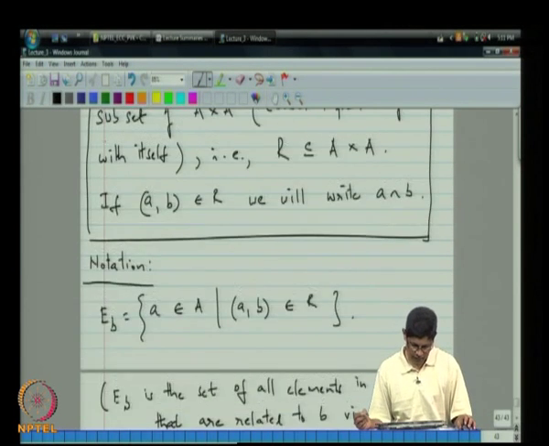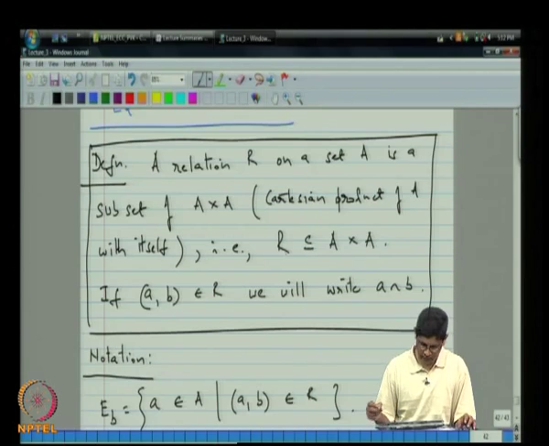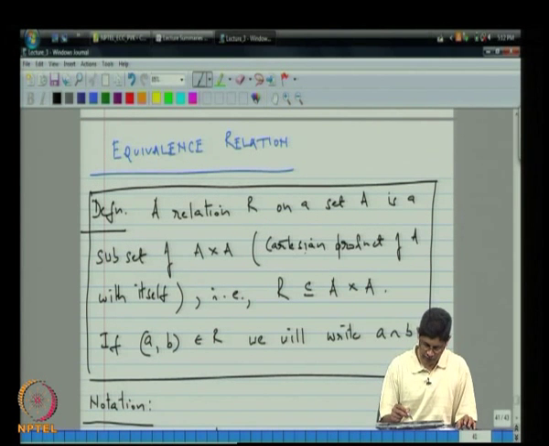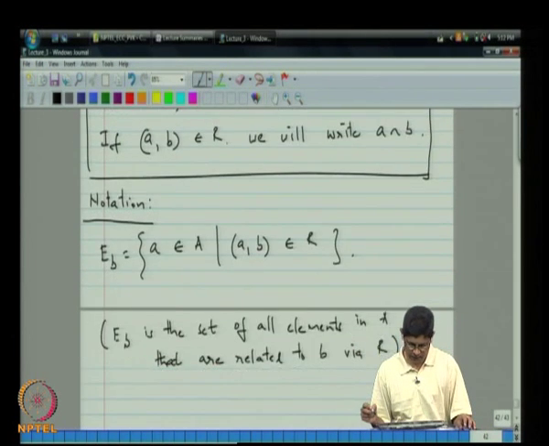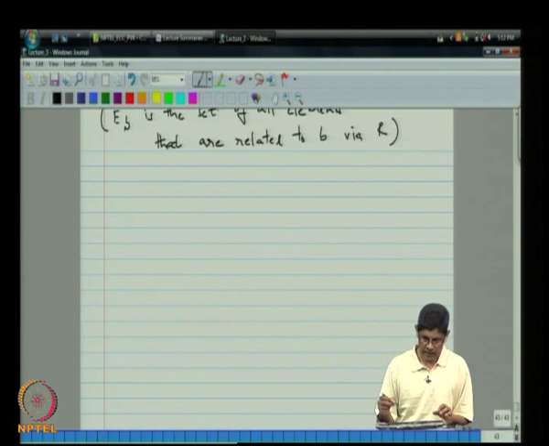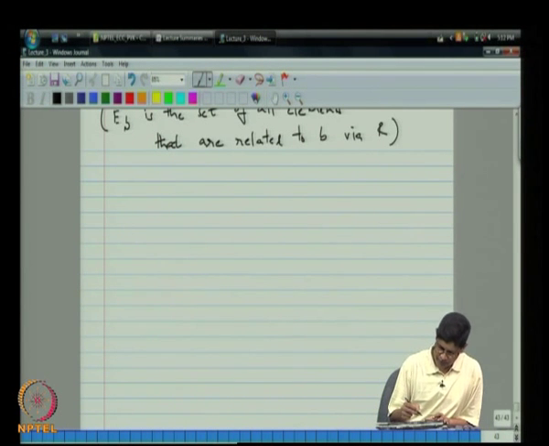So, within the class of relations, there is a class of relation that is known as an equivalence relation, which satisfies certain additional properties.